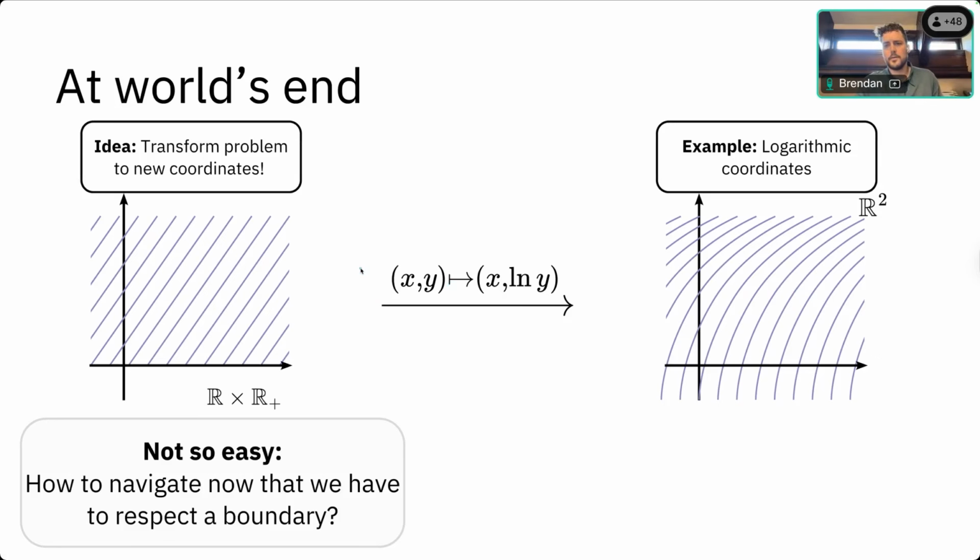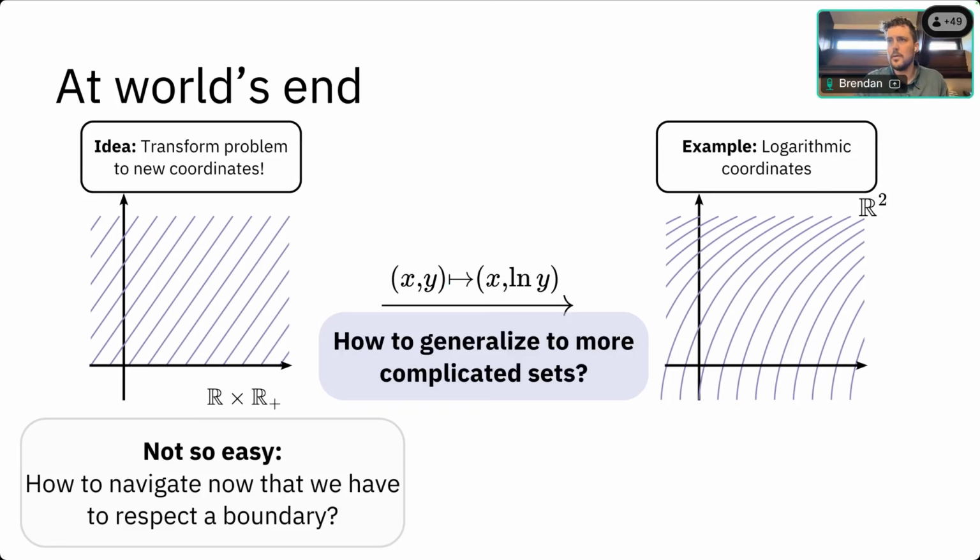Now these transformations, ideas of changes of coordinates, are not new. They've arisen in different contexts, but there are different questions you need to answer if you want to go this route. First of all, how do you generalize this to more complicated sets? Not everything is just a unilateral box constraint.